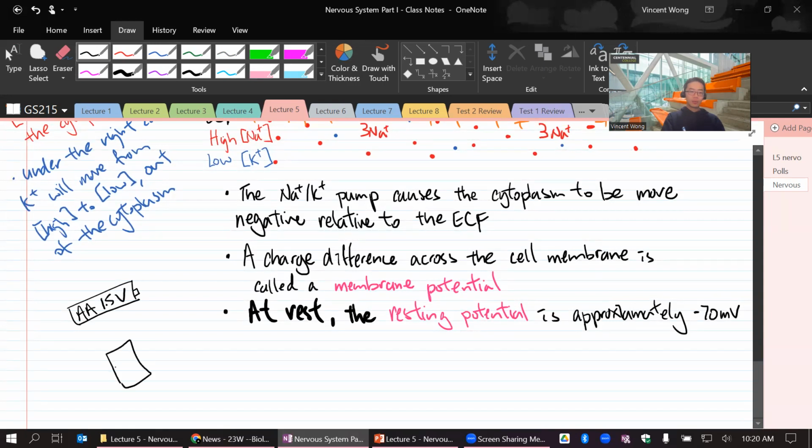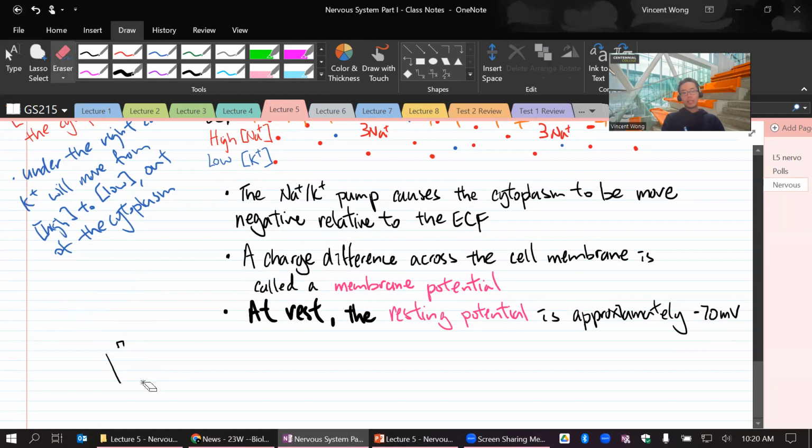You might know the rectangle one, that's like 9 volts. So voltage is a measurement of charge difference. In the context of the battery, if you measure the positive and the negative terminal, there is a difference of 1.5 volts. In the body, we don't say volts because that's too much. It's going to cause our cell to damage. We say millivolts. There are 1,000 millivolts in a volt.